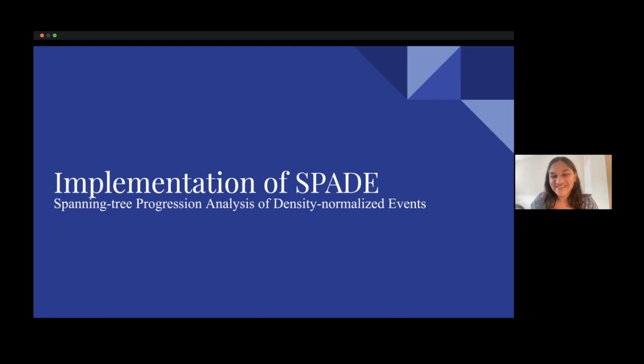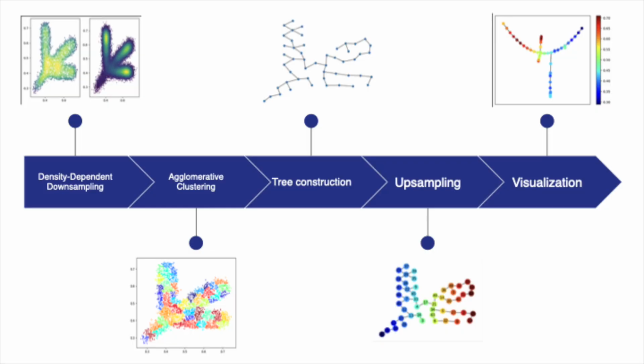That's a really long word, so I'll be breaking it down in the next few slides. It basically takes your flow cytometry data set, normalizes the density, clusters it, and then represents it as a tree, and we can visualize it using the gradient colors here, which shows the marker intensity, which we can toggle later on.